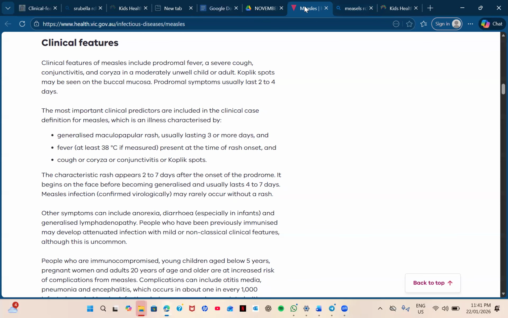Okay, let's discuss the clinical features. Clinical features of measles include prodromal fever, a severe cough, conjunctivitis, and coryza in a moderately unwell child or adult. Koplik spots may be seen in the buccal mucosa. Prodromal symptoms usually last for 2 to 4 days.